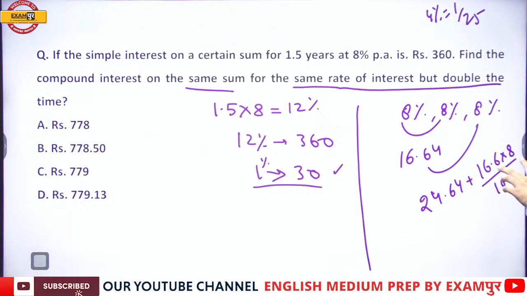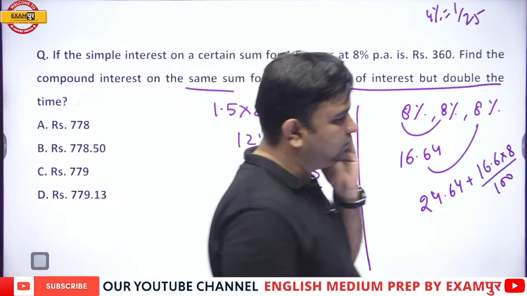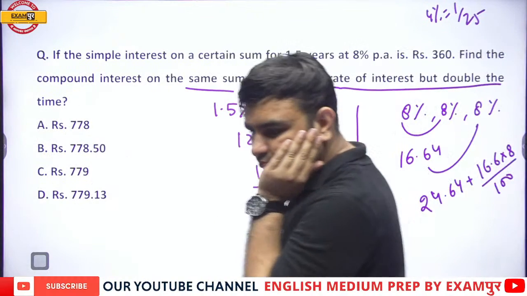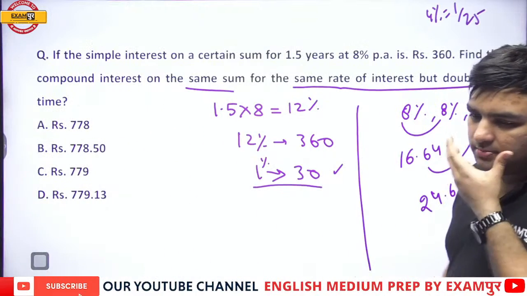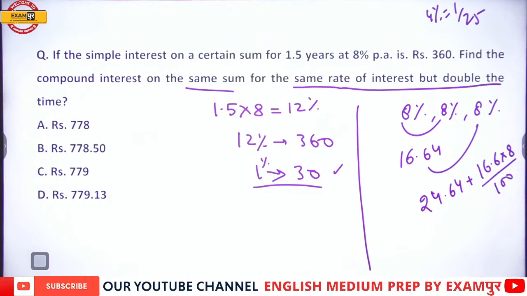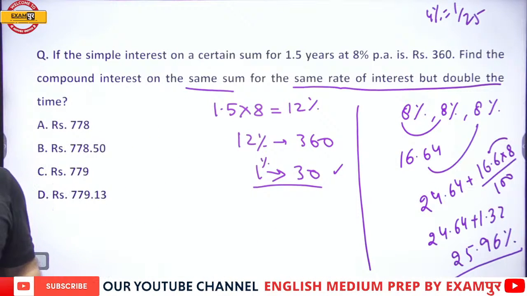What is 16 into 8? 128, plus 4 more, 132. 132 divided by 100, 1.32. So 25.96%.